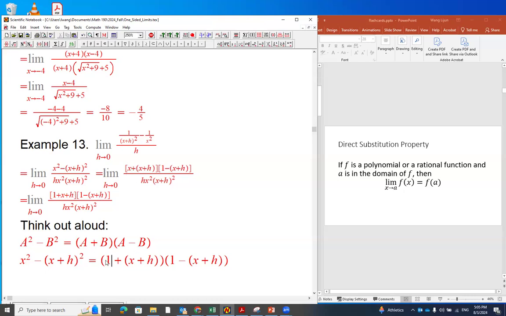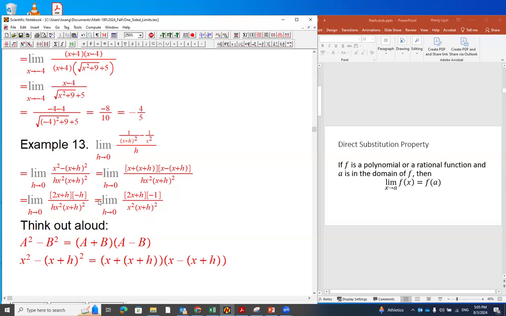My bad. Sorry about that. So this is x and this is x. The first one is going to be 2x and the latter one is x minus (x plus h), so this is going to be negative h. And this negative h is going to take away the h in the bottom.